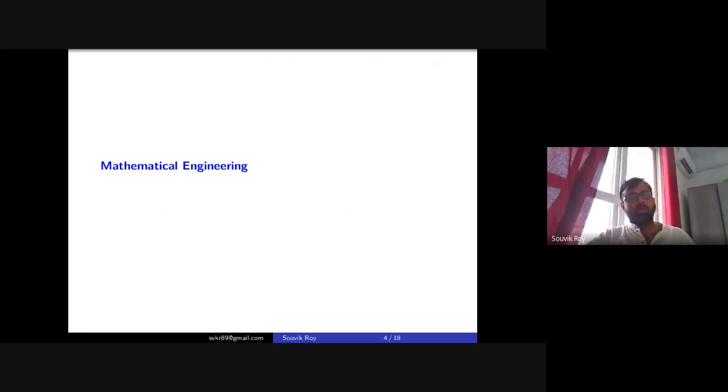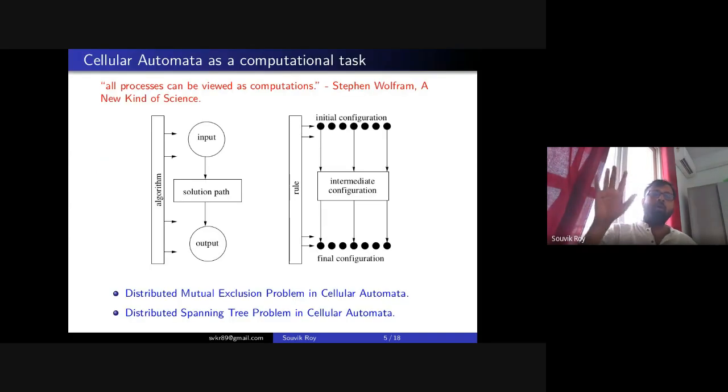And so here, the ability of the developed cellular automata is bounded by our cognitive ability of thinking. So we can think about computation. In computation, there is some input and output, and there will be a solution path, and according to that there will be an algorithm.